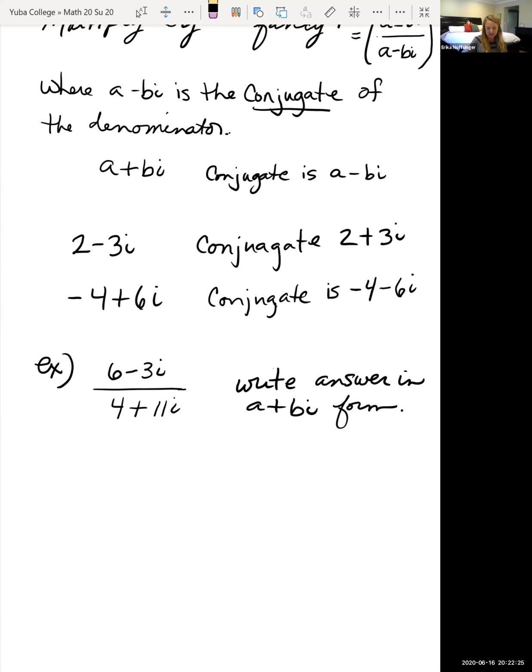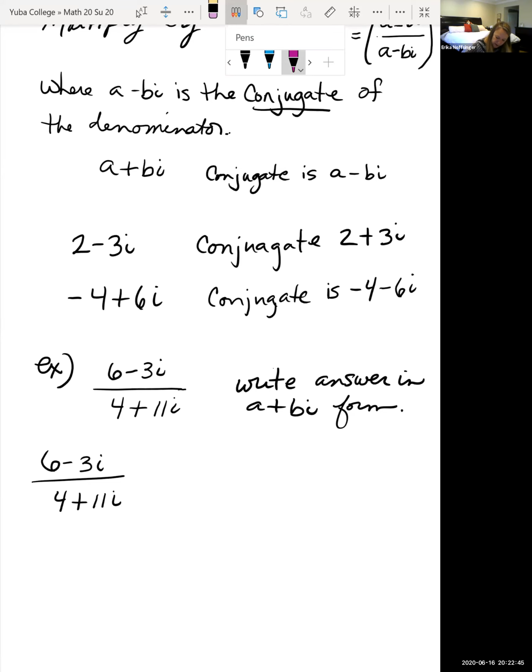So we need to have a real part together and an imaginary part together. By the rule, we can do this by multiplying this expression, 6 minus 3i all over 4 plus 11i, by that fancy one.